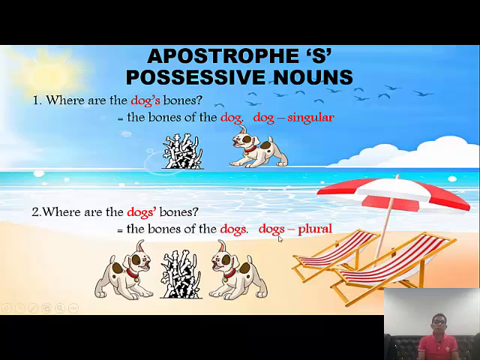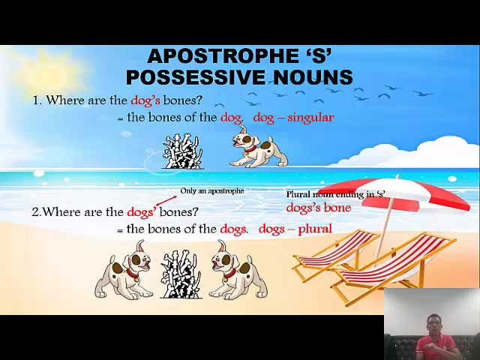The dogs here is plural, the dog here is singular. Now for dogs here, we add only the apostrophe, we do not add another s, as I mentioned earlier. For a plural noun ending in s, we do not put dogs apostrophe s again.